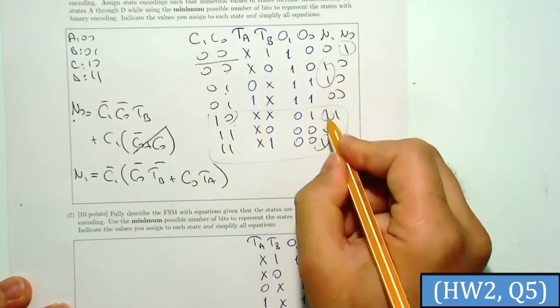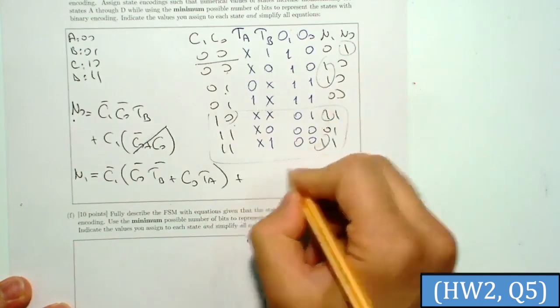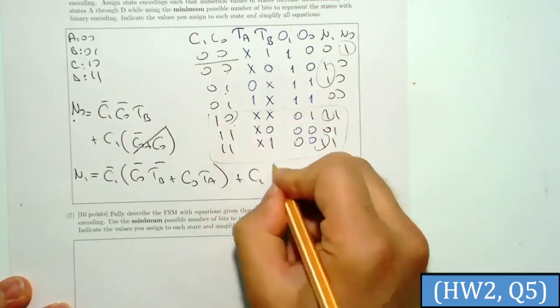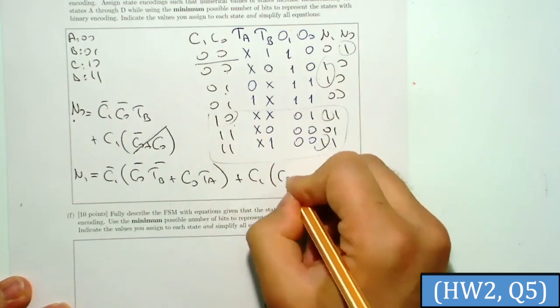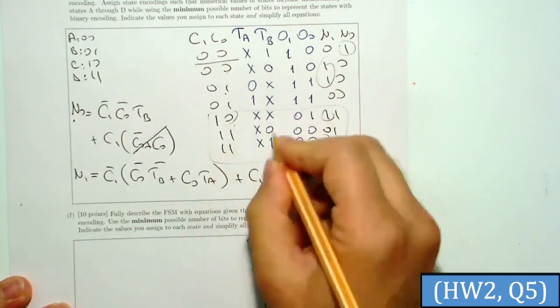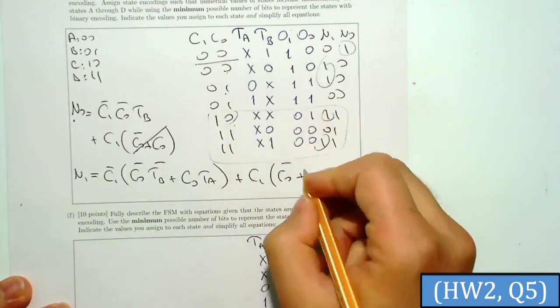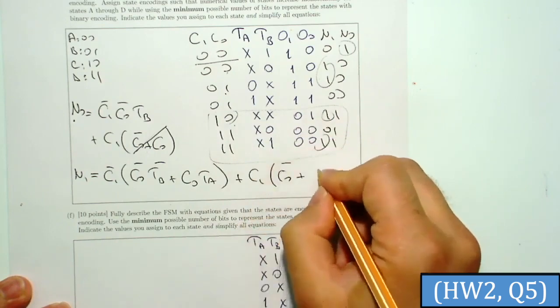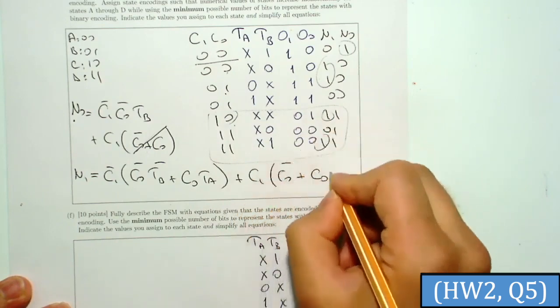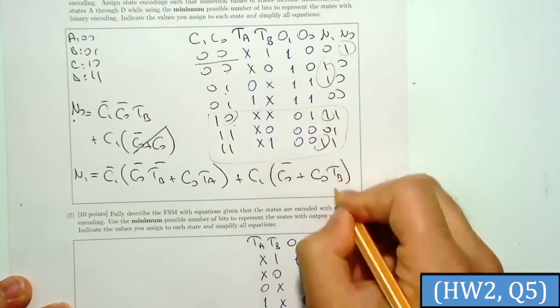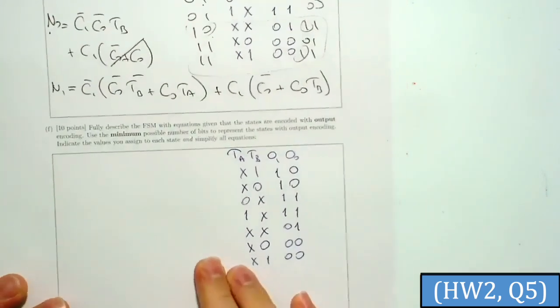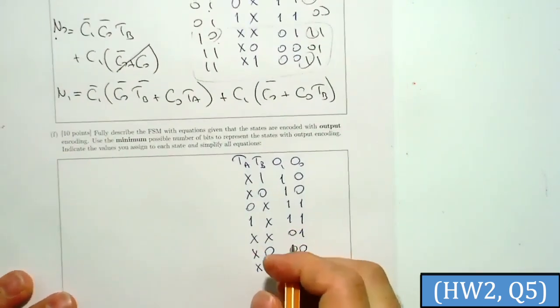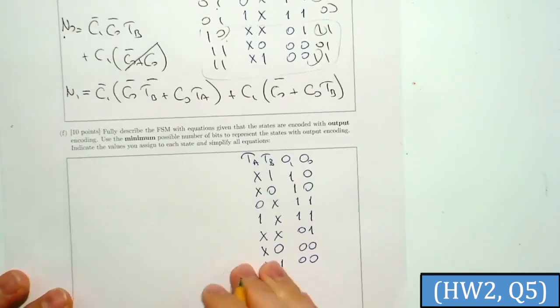Okay, and for these ones, I have C1 as 1 and C0 not, or here C0 and TB, I guess. So this is not simplified.